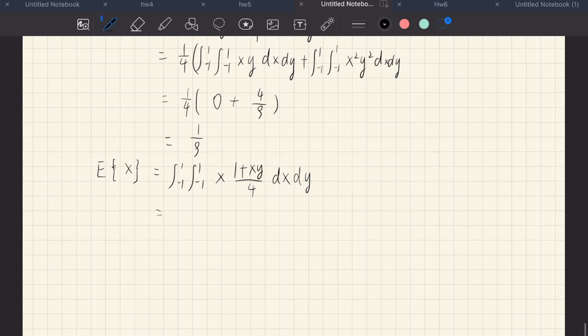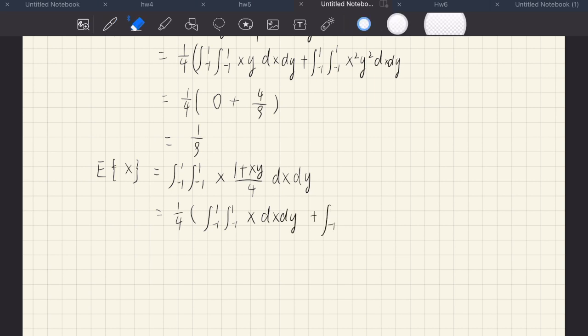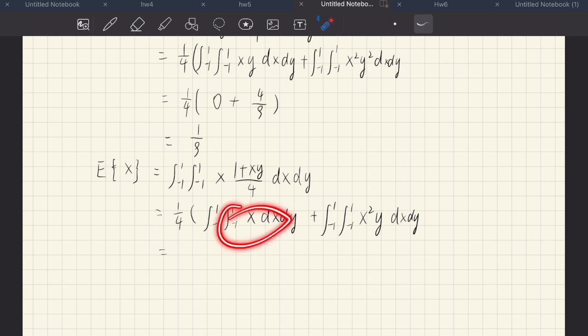This equals 1 over 4 times the integral of x dx dy plus the integral of x squared y dx dy. Then this should be 0, and as you can see, this is an odd function too, so this is also 0.